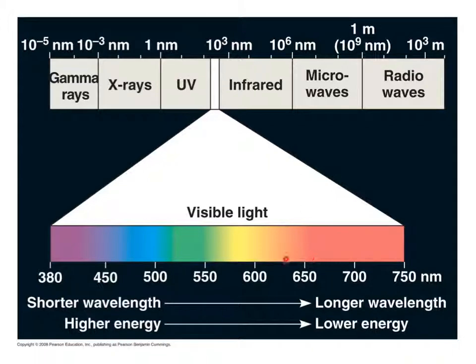Then we go orange, yellow, green, blue, and violet. And violet is the shortest wavelength, so that means it's the highest energy. So these wavelengths can be captured, in addition to infrared and UV, actually, by the pigments in chloroplasts. And the wavelength energy can be used in order to perform photosynthesis.